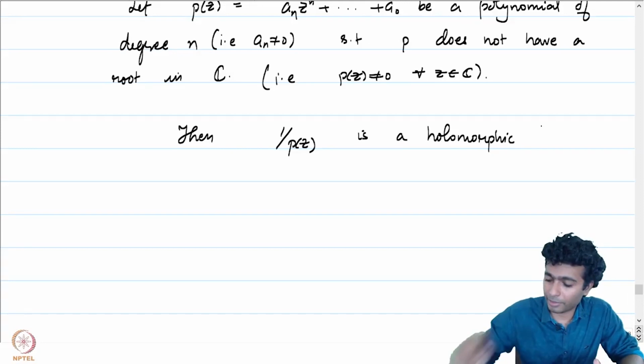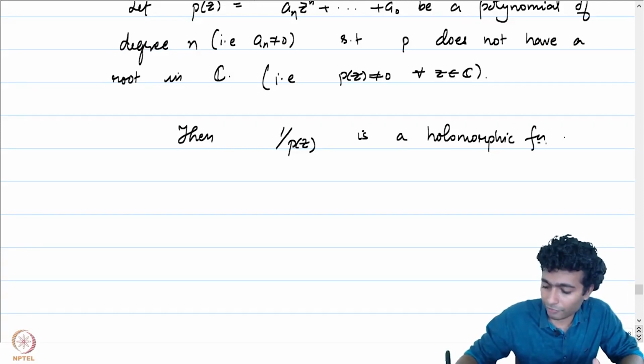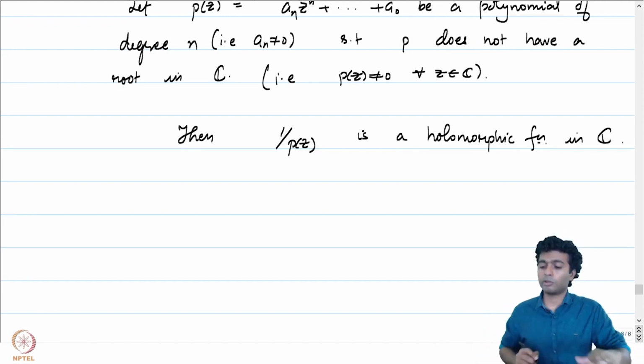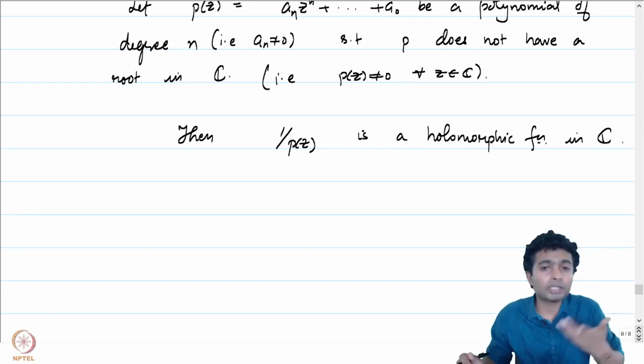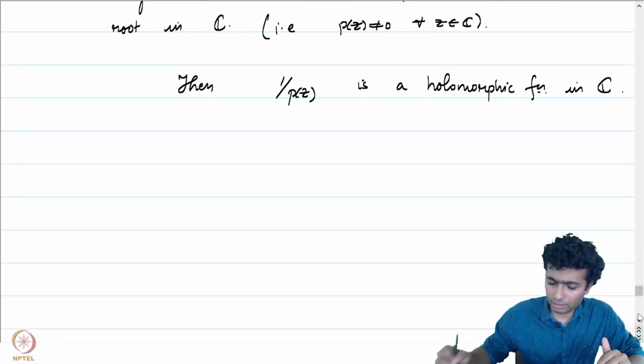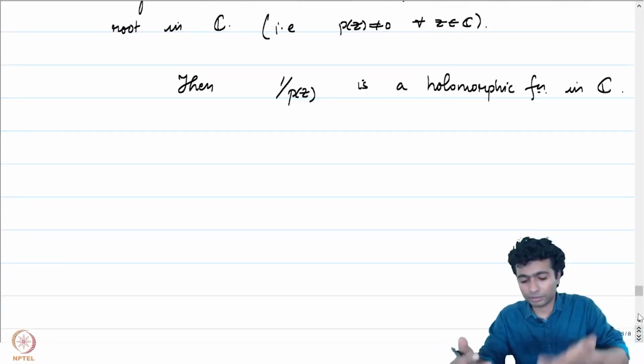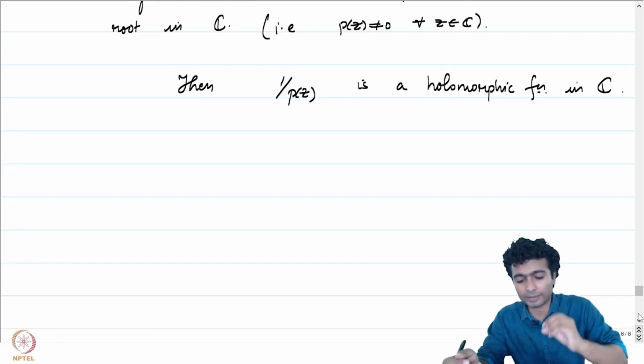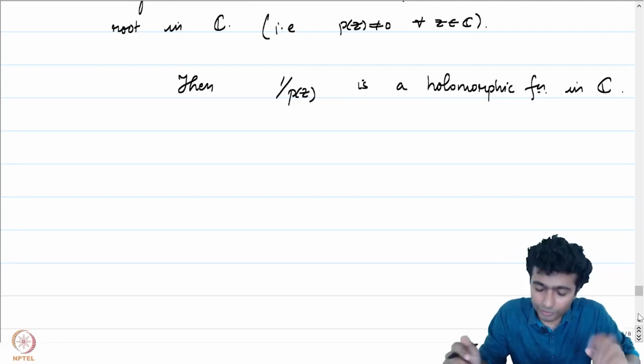It will not necessarily be a polynomial, but it will certainly be a holomorphic function. It will be in fact an entire function, so it will be holomorphic on the entire complex plane because P does not have any roots, and by the quotient rule one can straightforwardly check that this is going to be an entire function.